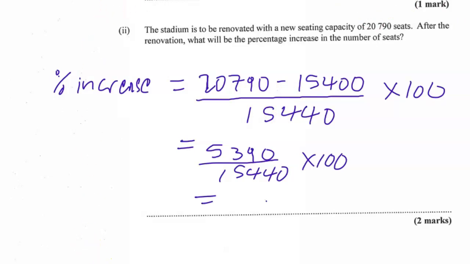So we end up with 5,390 divided by 15,440, and that would be 34.9%. Or if you want to round off to the nearest whole number, that would be 35%.